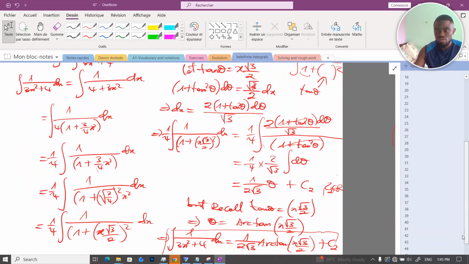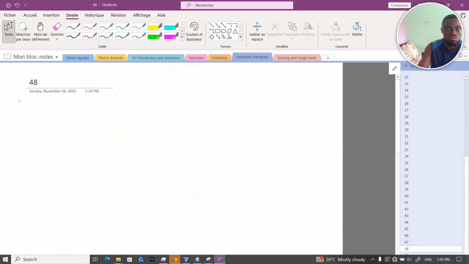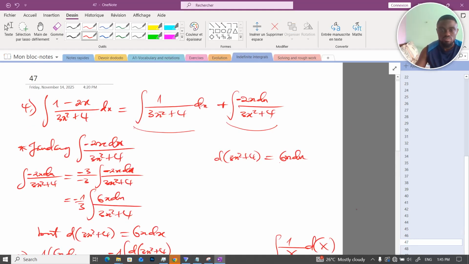Let me go down. So let's go on the next page. So it implies the integral of 1 minus 2x all over 3x squared plus 4 dx would be equals to what? We copy the first one.